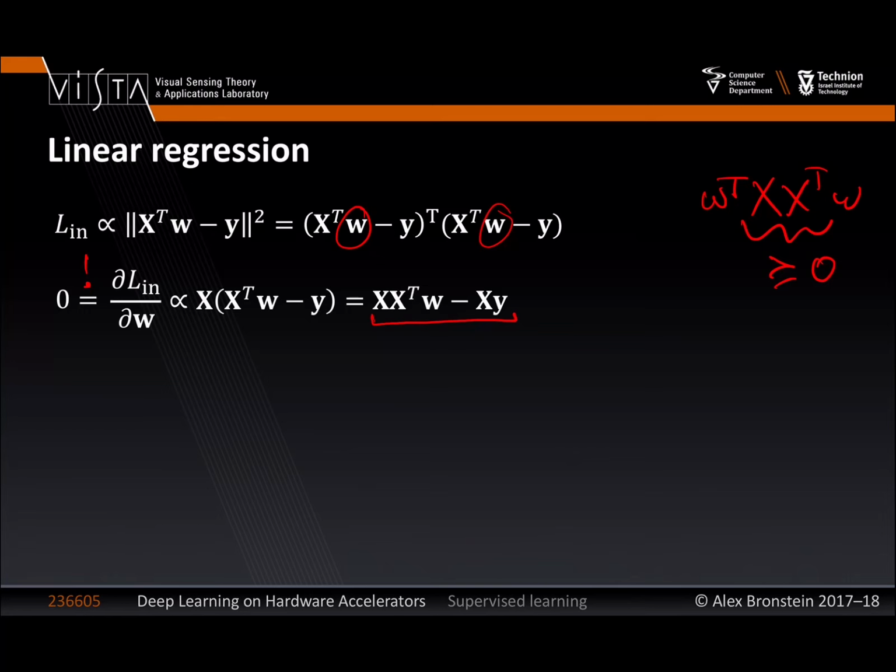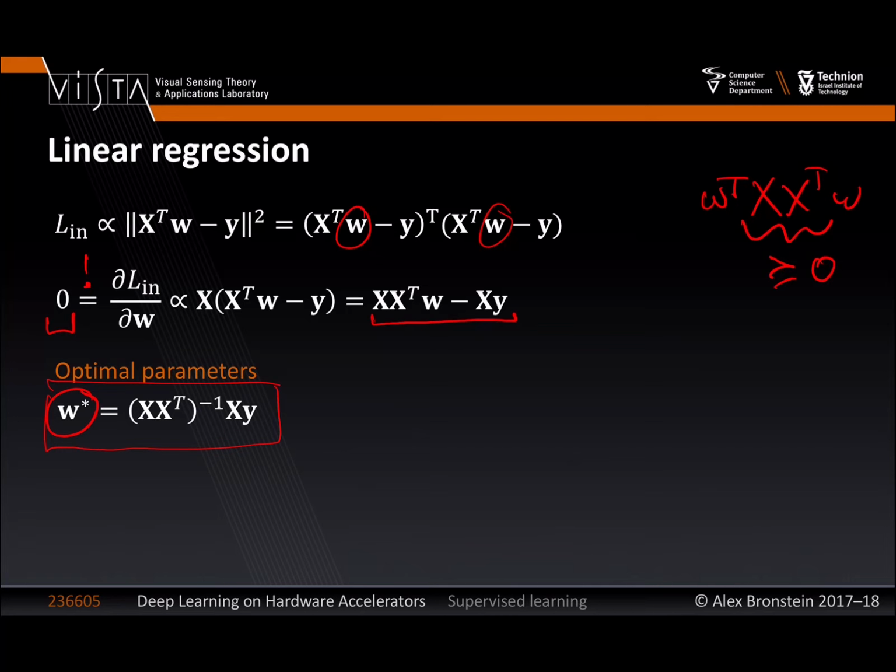So we need to solve this equation. We have 0 equals this linear expression in W. We have a linear system of equations in W. We solve it like this, and we get a solution. In case the inverse doesn't exist, we'll do a pseudo inverse. Basically what we found is the optimal set of parameters.